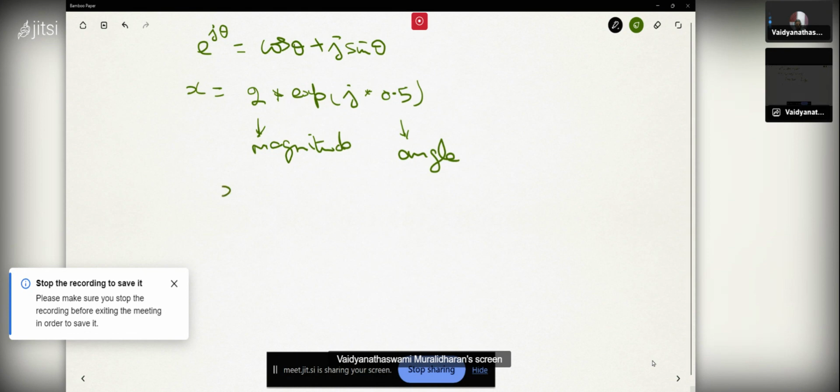Any complex number x given in a rectangular form a plus jb can be expressed in polar form with magnitude and angle theta. The magnitude is given by square root of a square plus b square.